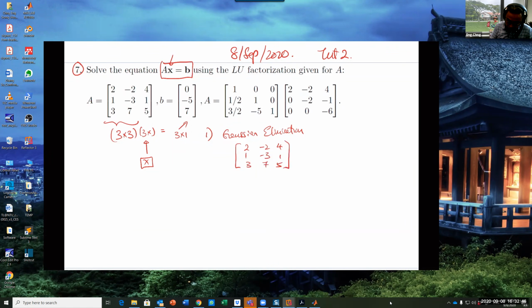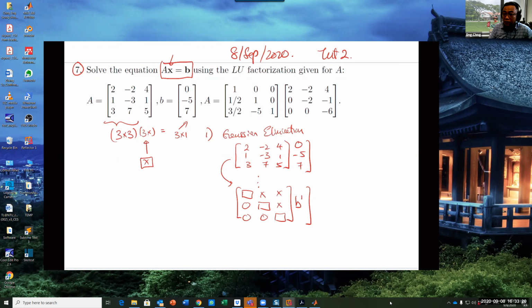And then what we do is that we keep on row reducing to get into a triangle form like this, where the square represents the pivot, x represents any number, and then of course we have the b here, which is 0, minus 5, and 7, and this is the augmented matrix. Let's call it b prime.